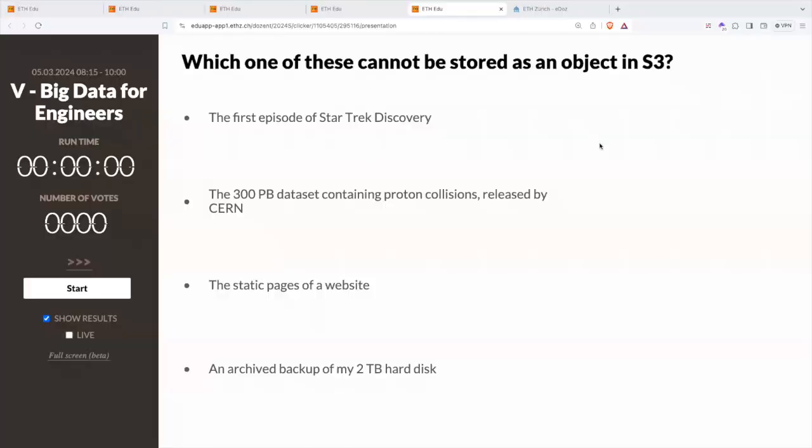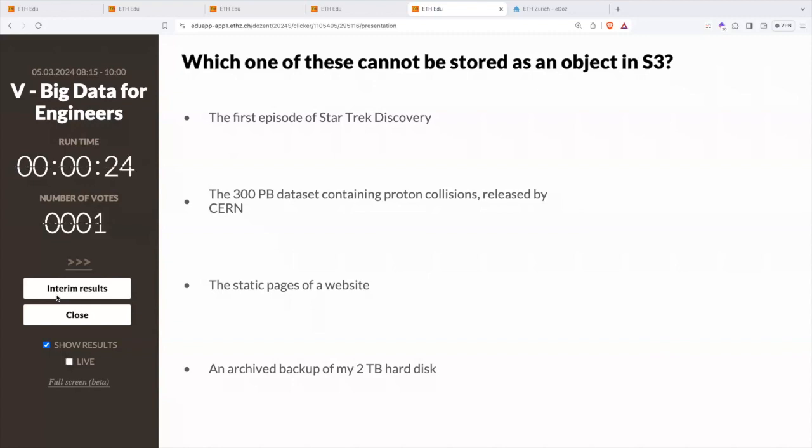So, tell me, which one of these cannot be stored as an object on top of S3? Answer A, is it the first episode of Star Trek Discovery? Answer B, is it the 300 petabyte dataset containing proton collisions released by CERN? Answer C, the static pages of a website.